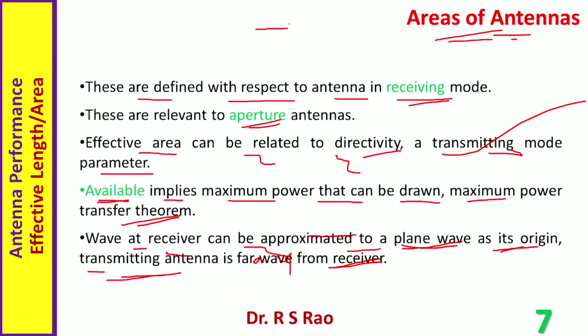Notice here is a transmitting antenna. It emits a wave, but this wave is not a plane wave. But by the time it reaches the receiving antenna, when the distance between the transmitting and receiving antennas is huge, this wave at the receiving antenna can be considered as a plane wave.